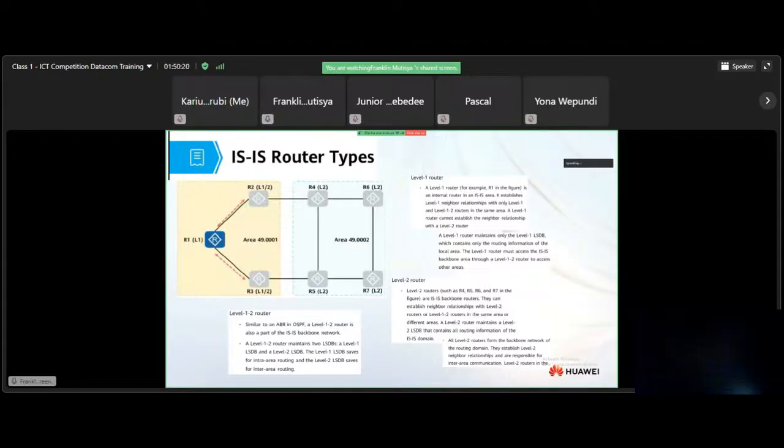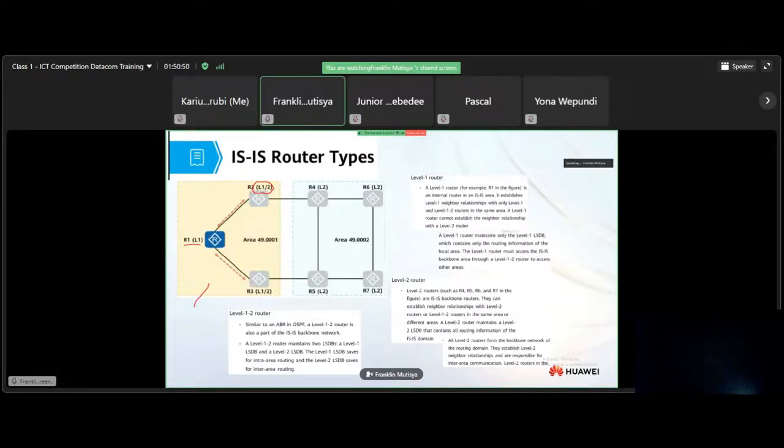So I've explained this. So for example, in this diagram here, we have level 1 routers here. Remember, a level 1 router can communicate with a level 2 router through a level 1, 2. You can see level 1, 2. So this is a non-backbone area.